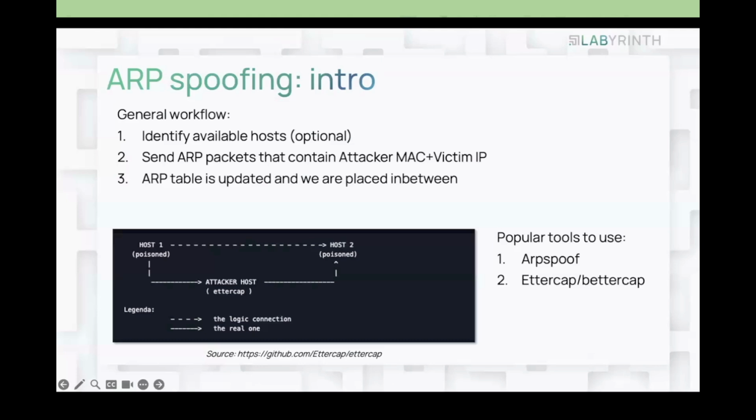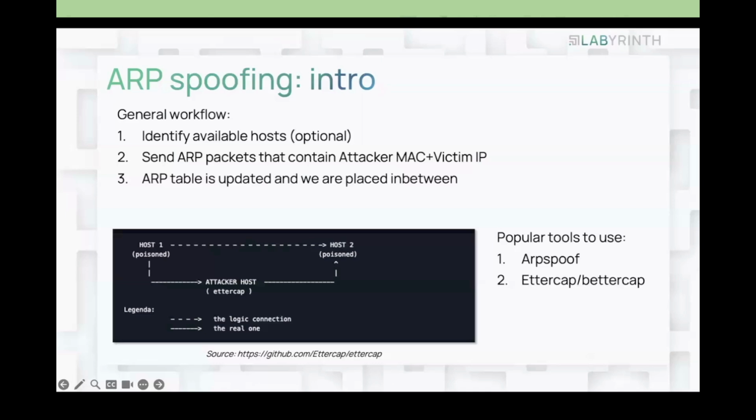between a device, like a computer or something, and a network device, so that our attacking host impersonates itself as this network device. For this, we can use plenty of different tools.